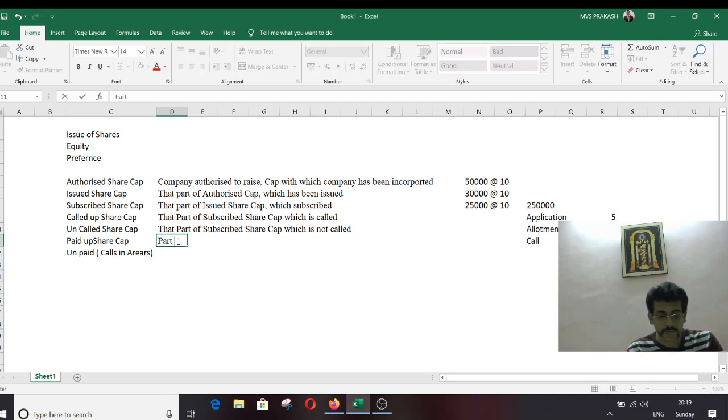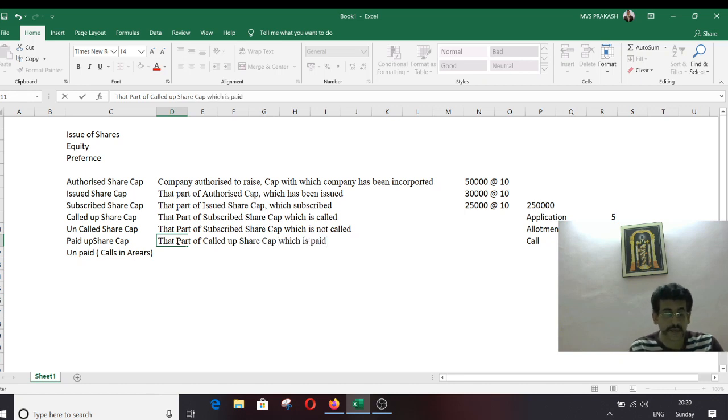So it is nothing but that part of your subscribed share capital which is called, or simply speaking, I can call that as that part of called up share capital which is paid.